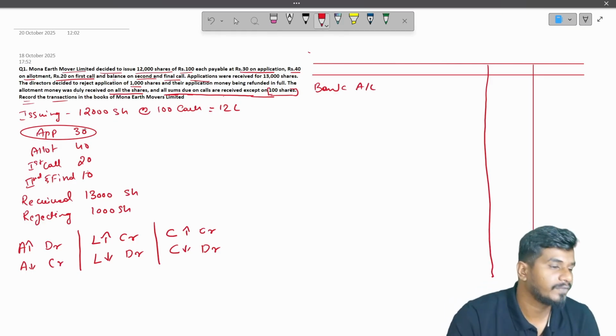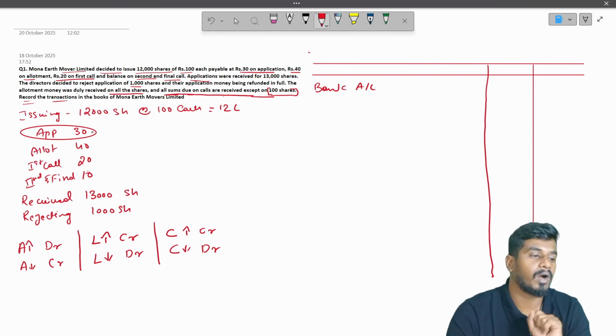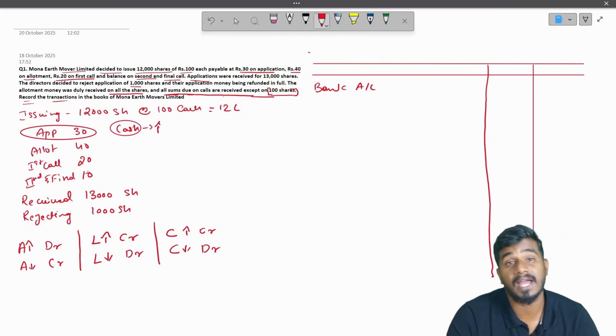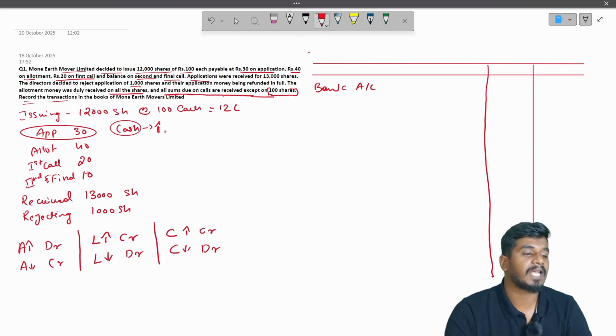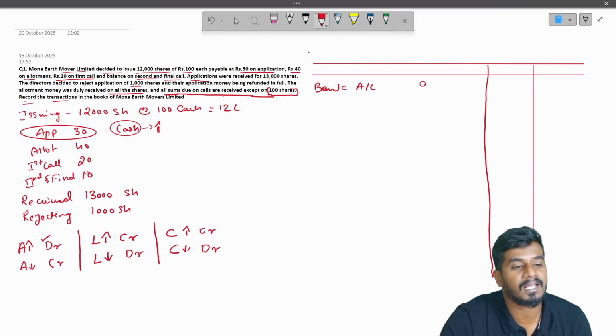We are receiving application money of 30 rupees. Cash we are receiving, which means our bank is going up. Bank is an asset. If cash is increasing, that is an asset, so if an asset increases, we need to debit the transaction.